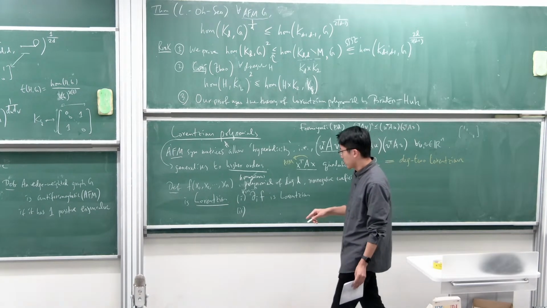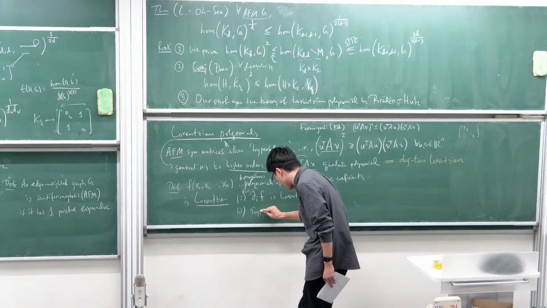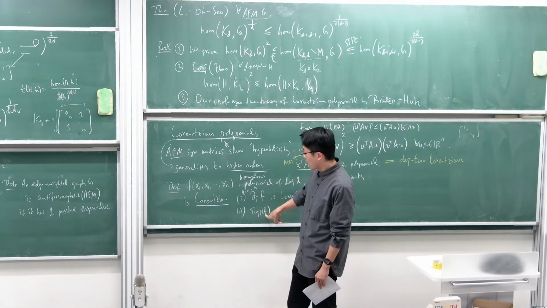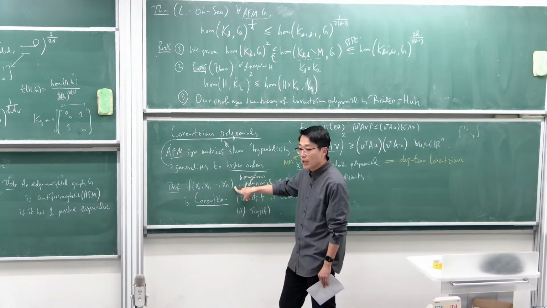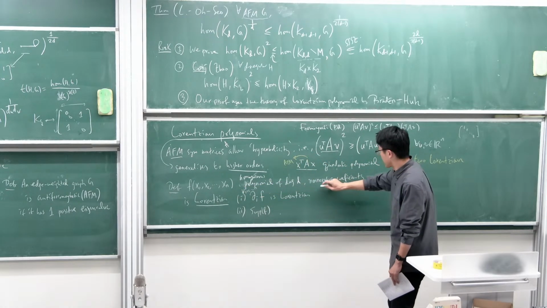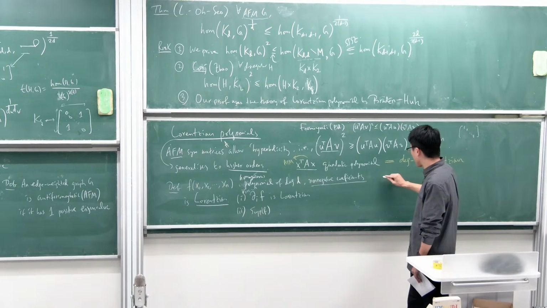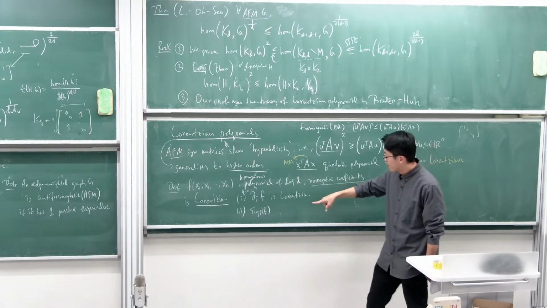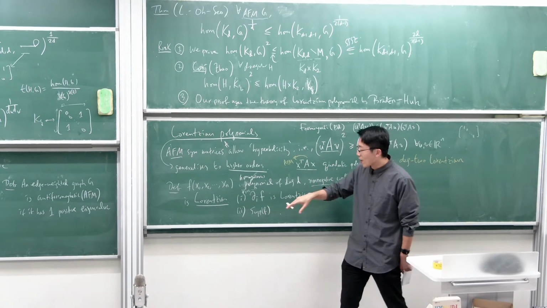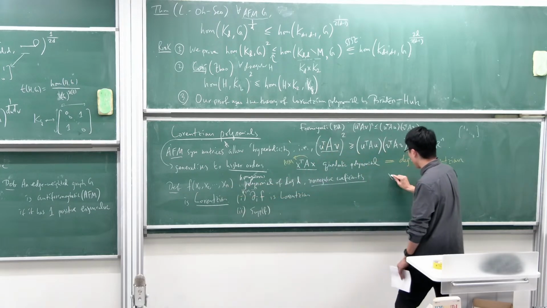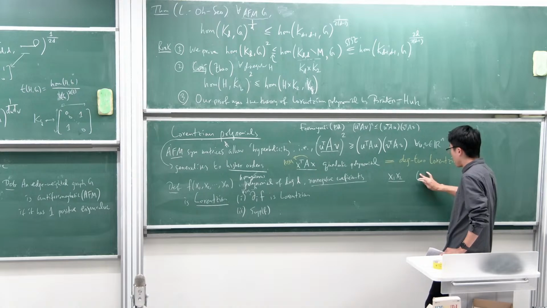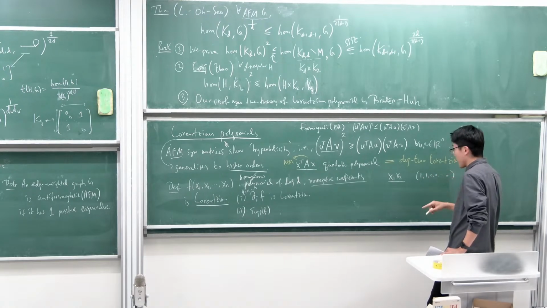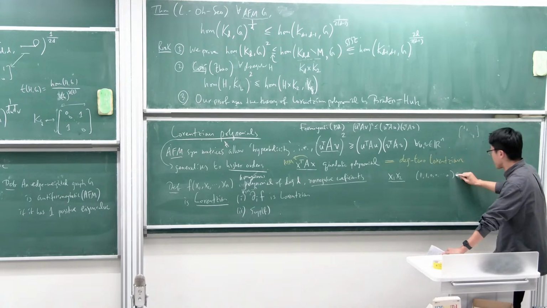The second condition is about the support. Here the support of f is not the support of f as a function, but the collection of all the monomials that actually appear. If I have x1 x2 as a monomial, then the corresponding vector 1, 1, 0, 0, 0 is in the support.